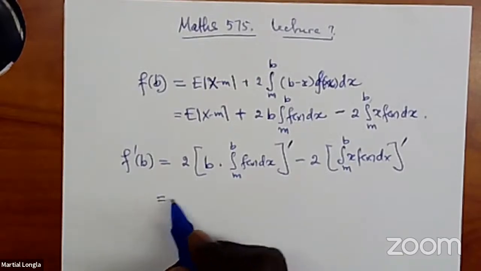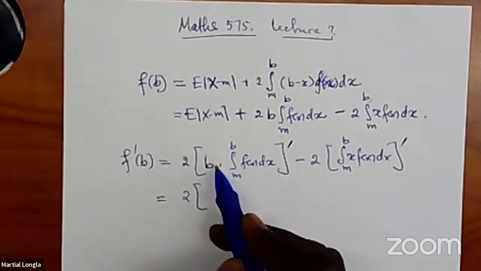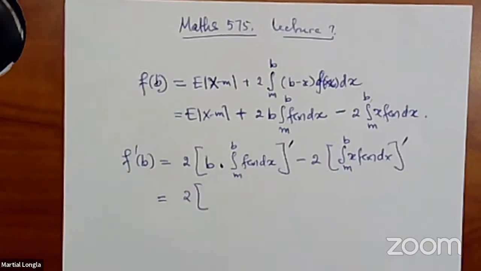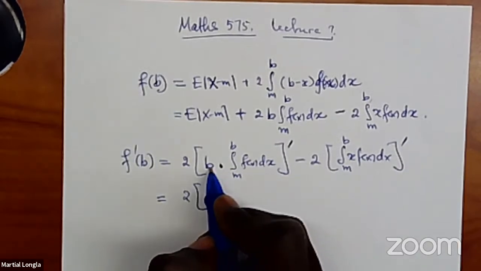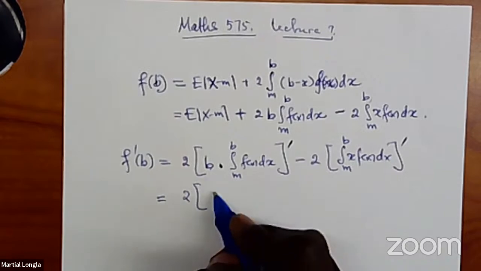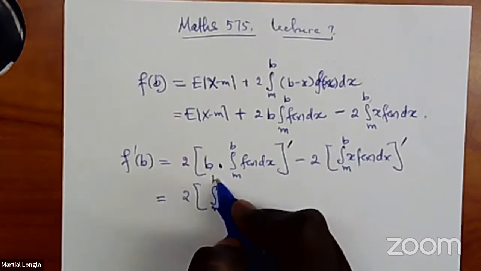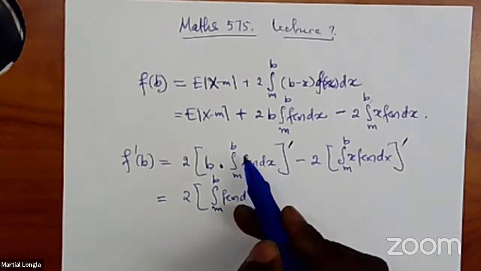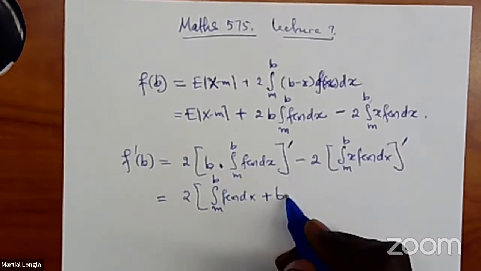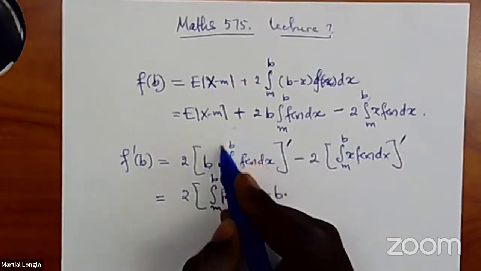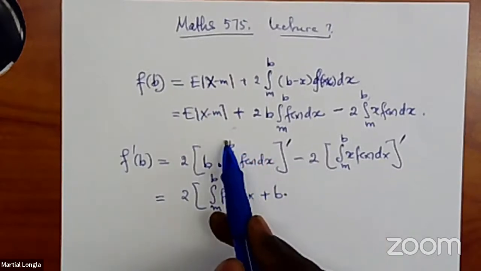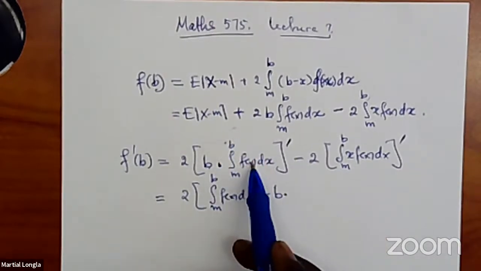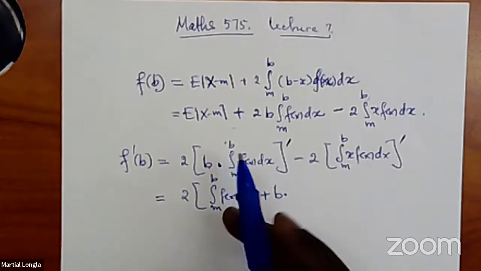In this case, you will use product rule as I was showing you. So derivative of b with respect to b is 1. So that's going to be integral from m to b f of x dx plus b times the derivative of this integral. And you know that the derivative with respect to the upper bound is the function that is inside evaluated at that upper bound.